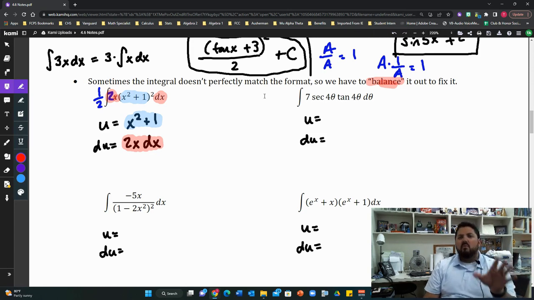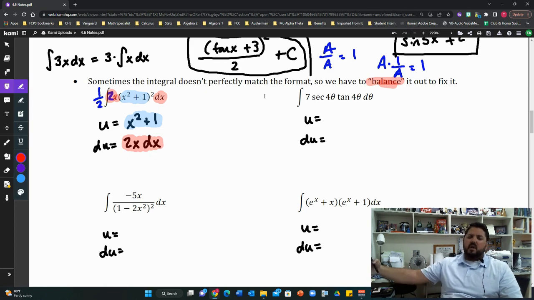Now this rule only works with multiplication and division. You cannot add terms inside and subtract them outside. That's not okay. That's not the same thing. Remember, all of these integrals are based in the concept of area, which is multiplying 2 dimensions together. So we can't add something to area and subtract from it and have it be the same thing. It's not going to work the same way.